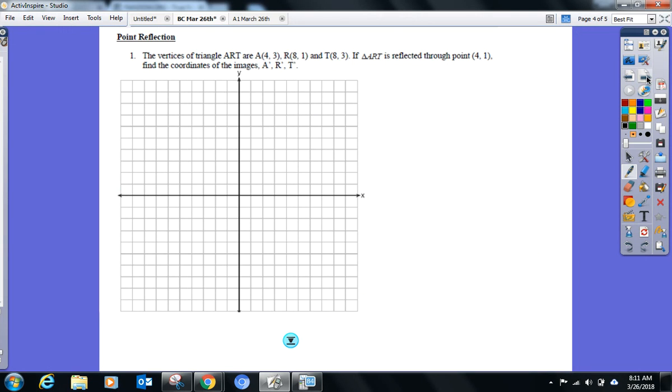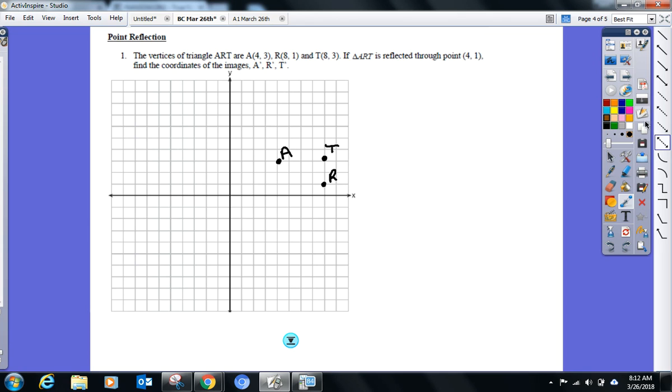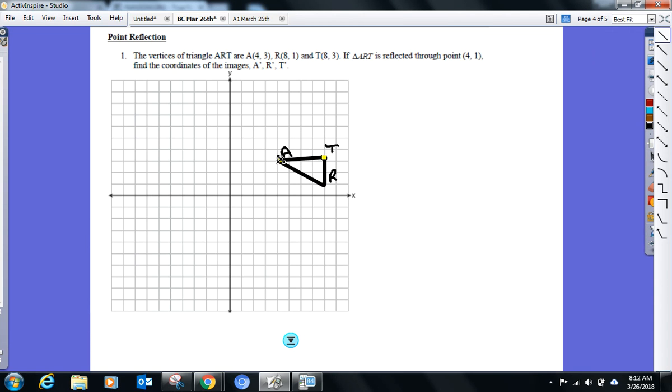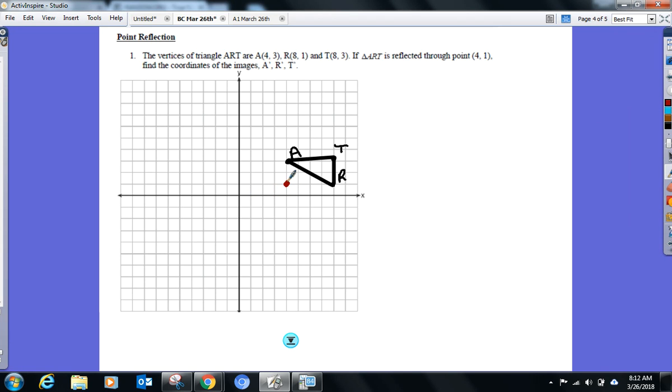Go ahead and get triangle ART down. Okay, so reflect through a point. Guys, it is still a reflection.